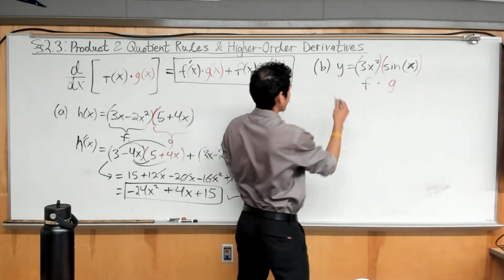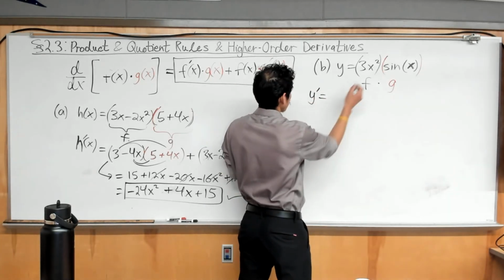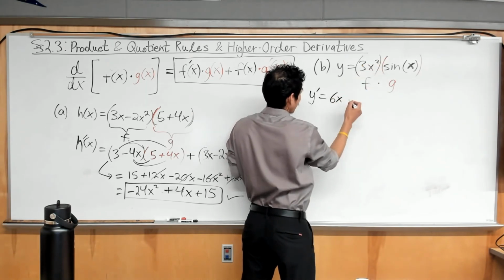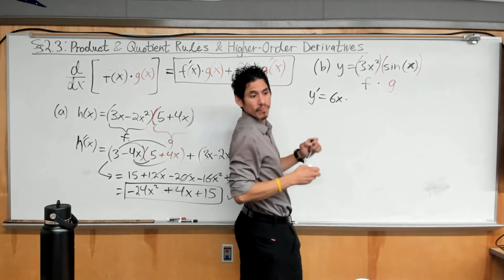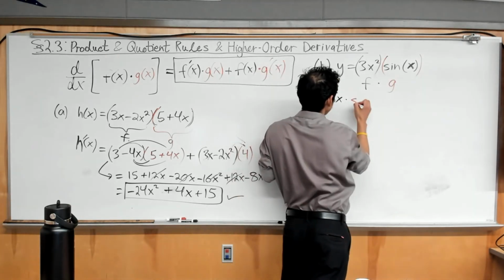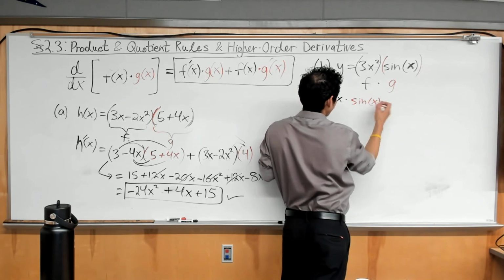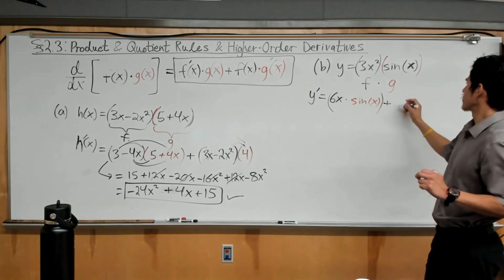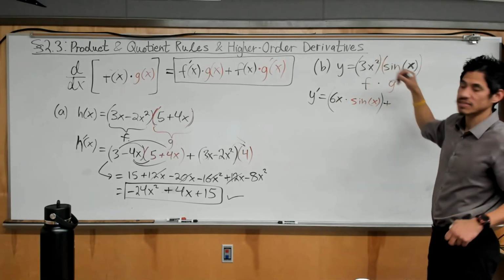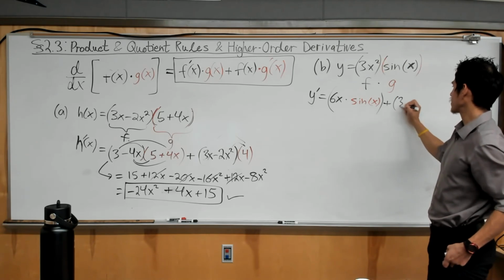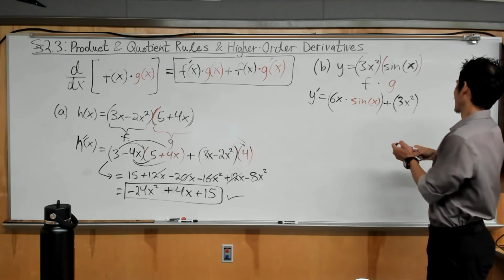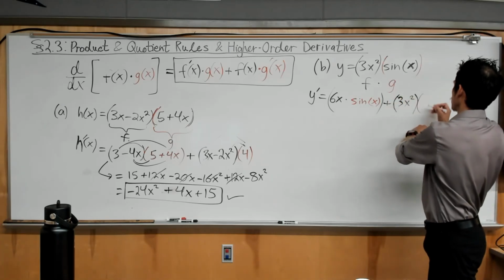Two functions. So y prime will be f prime, or 6x, times the sine of x, keeping that the same, and add that to, now we leave f of x the same, so leave that as 3x squared. Then take the derivative of the sine of x, which would be the cosine of x.